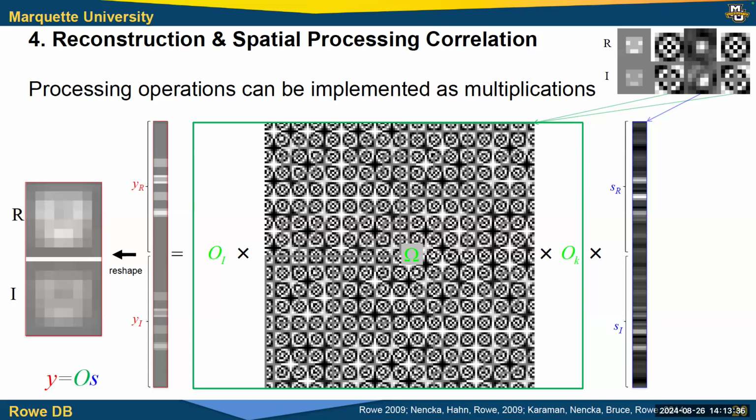We can take this vector of K-space data with real and imaginary, and multiply it by a matrix that does any operations you want in K-space, your matrix that does your image reconstruction, and a matrix of operations in image space, like smoothing. In K-space, there's lots of operations to generate an image vector that we would turn into an actual image. They're split between real and imaginary and not turned into magnitude and phase yet.